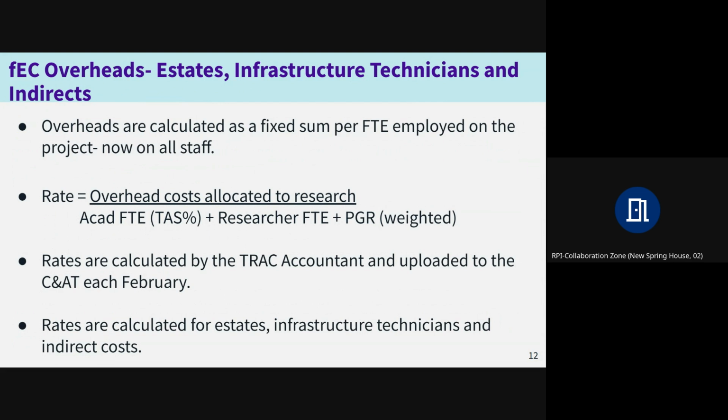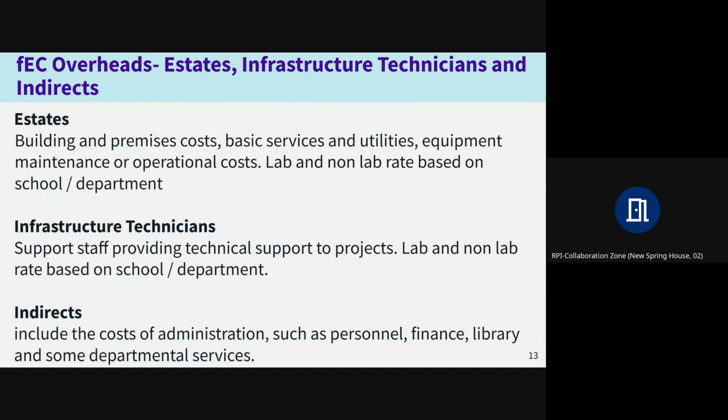So somebody very clever in finance does this every year, works out a rate, and it's essentially the total cost of research divided by the number of people involved in research. And that's how they get the rate, which is then uploaded, as I say, into the system every February, and it's automatically applied. So as I said, we've got three cost headings that we break our overheads into.